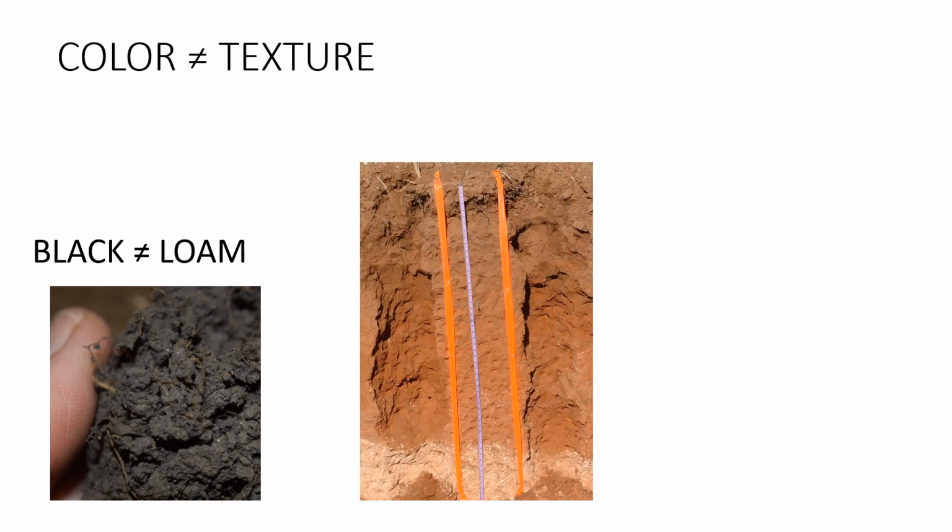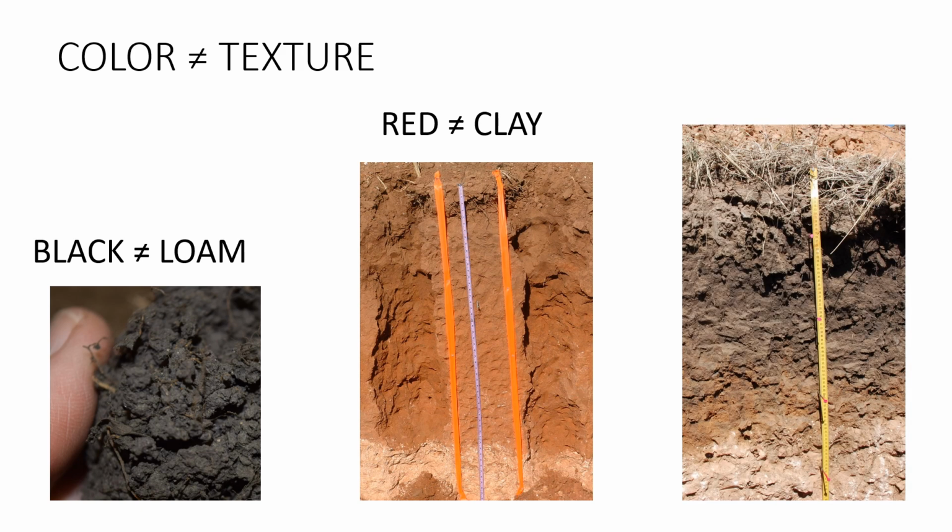Many people would be tempted to say that that's a clay, but that's not right. This soil is a sandy loam and at most a sandy clay loam. So no, red isn't clay. And just because something is sort of tan doesn't mean it's a sand. So color and texture are not connected at all.